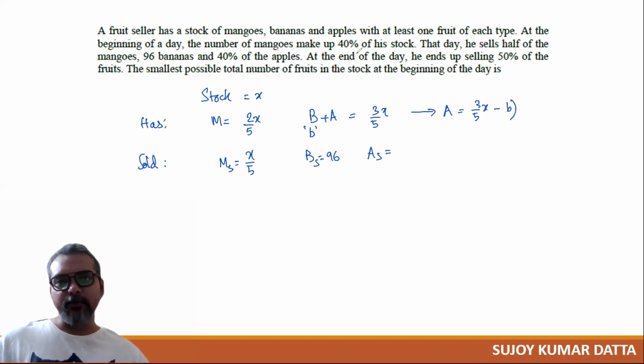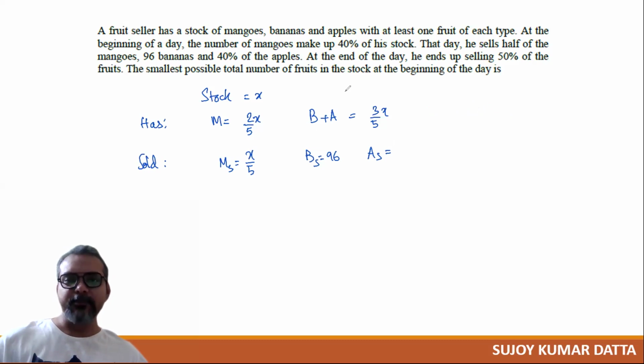Since we are trying to do 40%, it's better if I take the apples to be A rather. That would be easier to work with. So here now we have apples to be A and bananas to be 3x over 5 minus A.